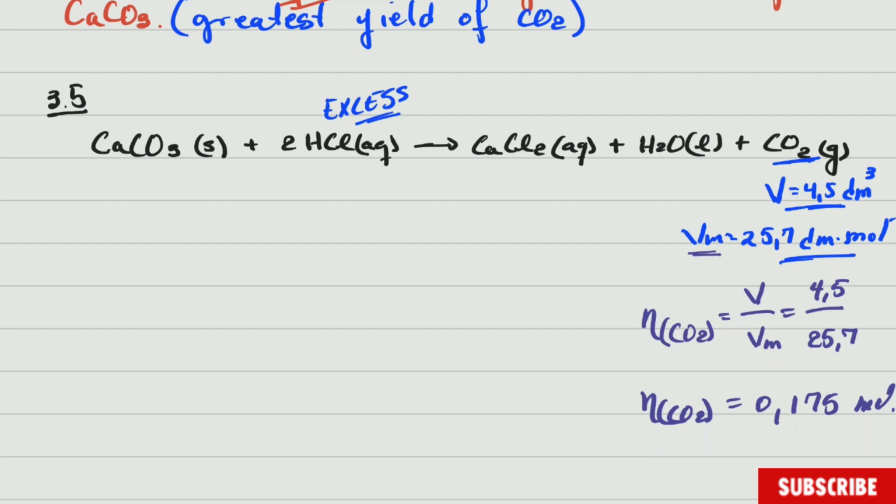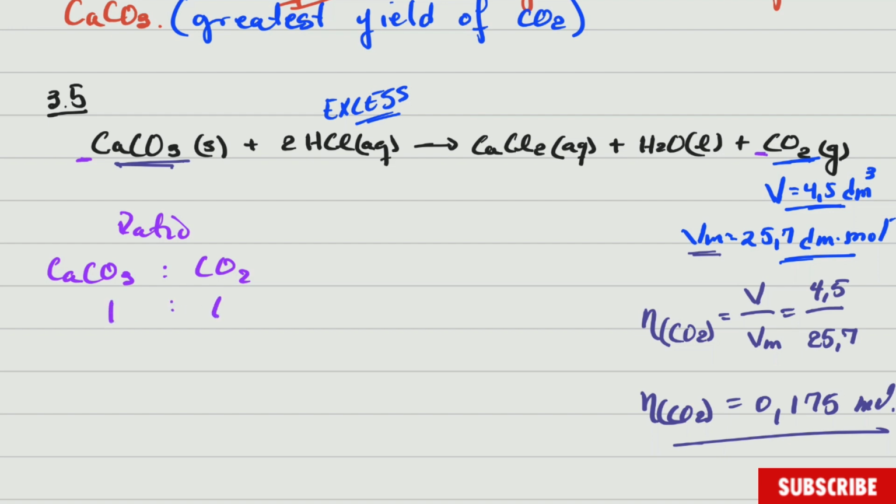So the number of moles of carbon dioxide formed here is going to be 0,175 mole. Now, to form that amount of gas, we need to know how much calcium carbonate was actually reacting. So we're going to use the ratio between the calcium carbonate, CaCO3, and the carbon dioxide. The ratio, guys, remember, are the numbers at the front, and therefore in this case it is 1:1. So to produce 0,175 mole of carbon dioxide, you need how much?